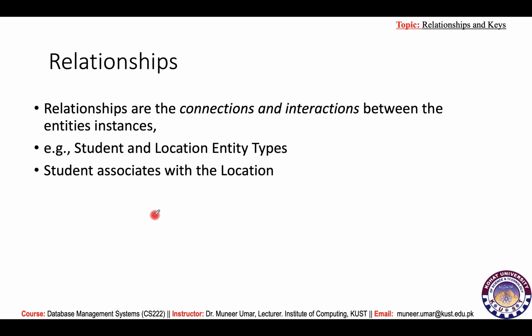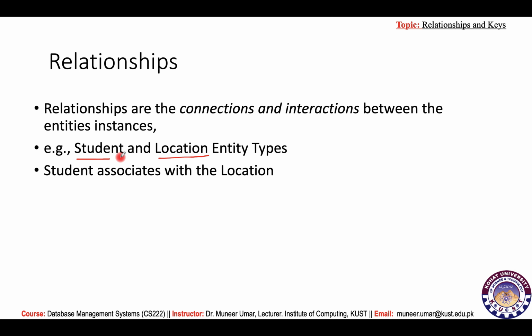So, what is a relationship? Relationships are the connections and interactions between the entity instances. Suppose we have two entity types, student and location, and these two entity types need to be connected.